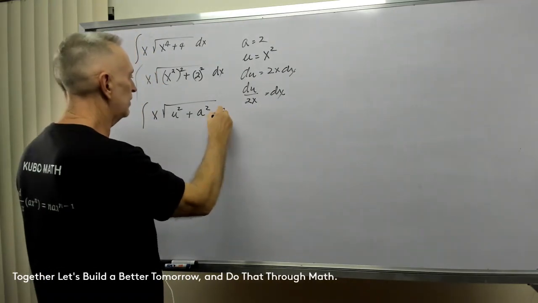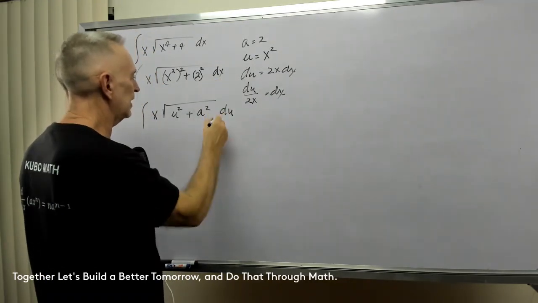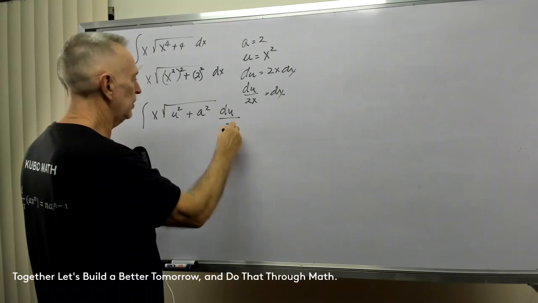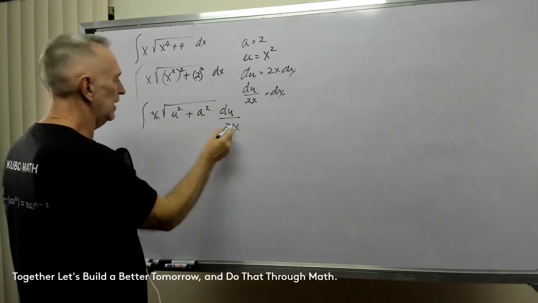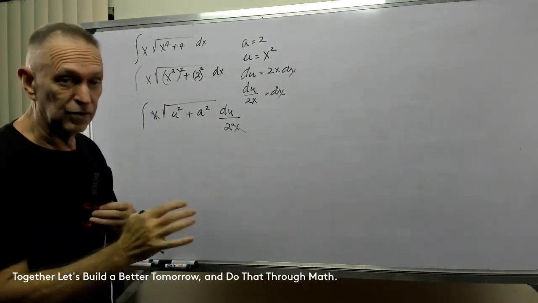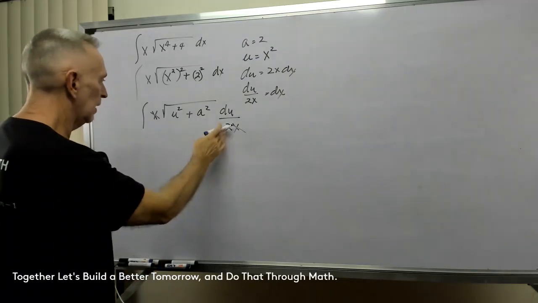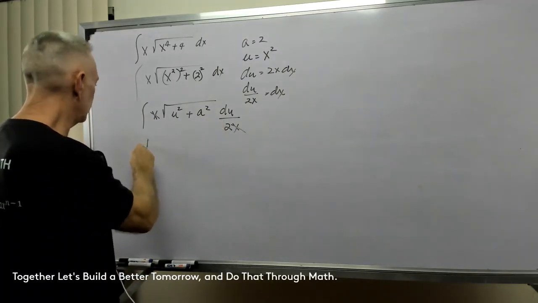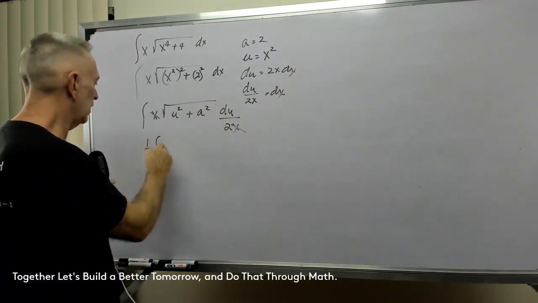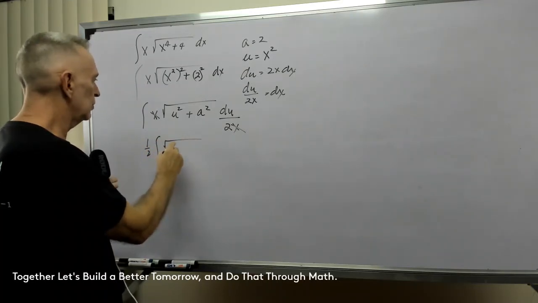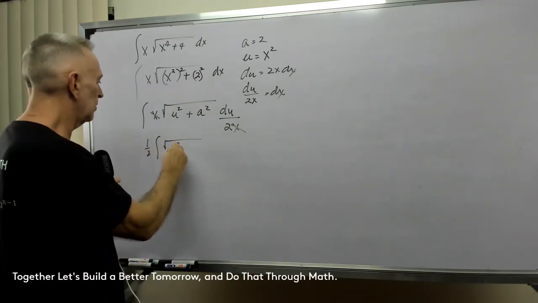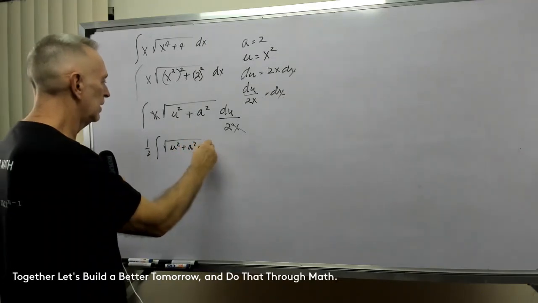So now I have du replacing dx here, du over 2x. That x and that x cancel, and that's what I wanted here. Let me pull that 1/2 to the outside. So now I have 1/2 the integral of the square root of u squared plus a squared du.